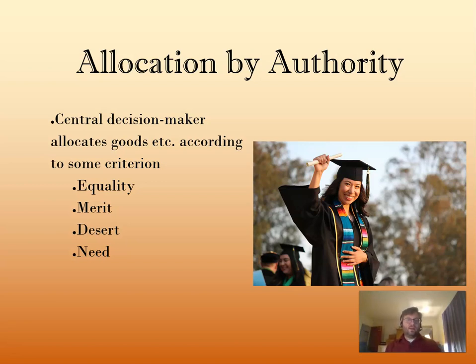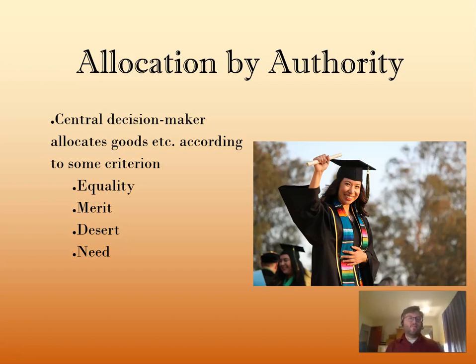It might be based on merit. So it might be based on people earning it in some way by demonstrating their fitness, demonstrating how much they should have this thing. And what merit consists of can be a giant range of things.